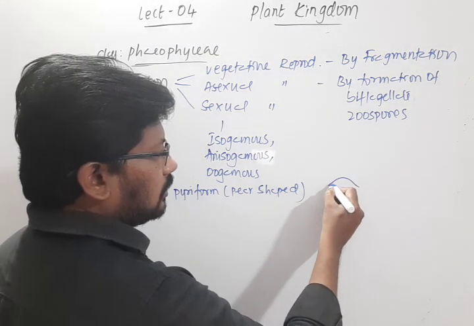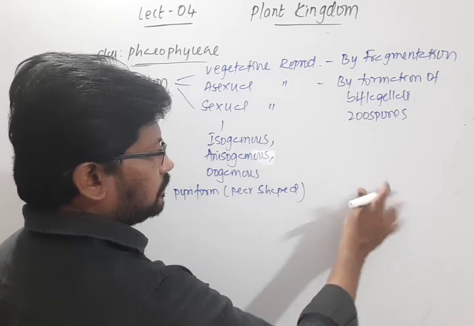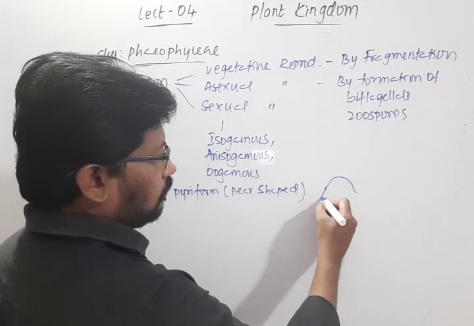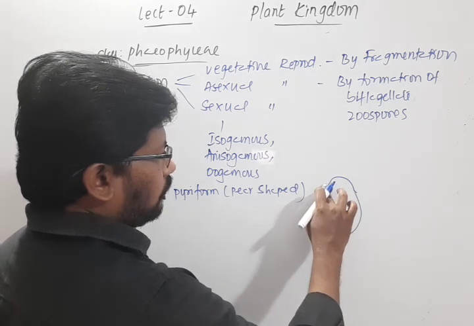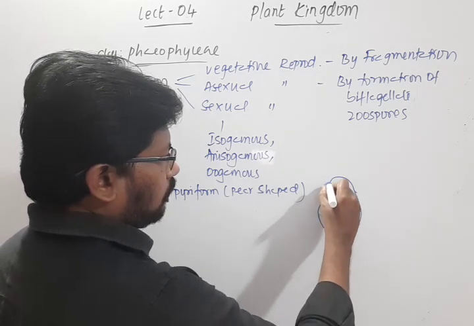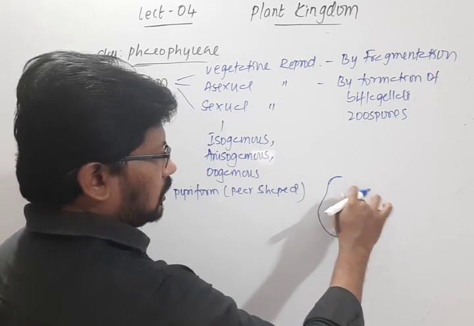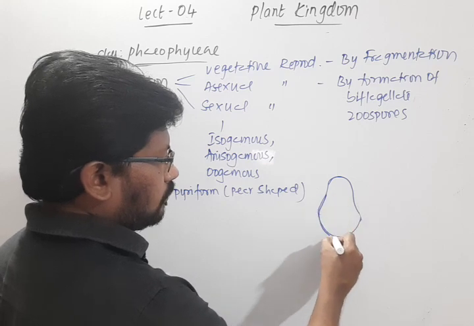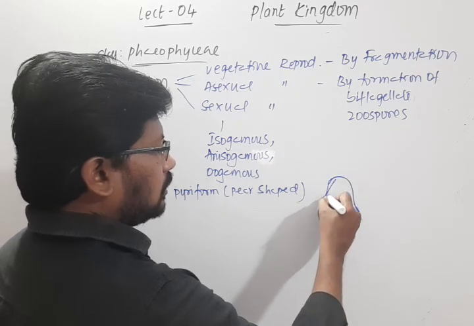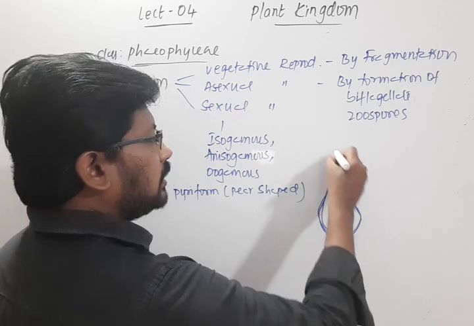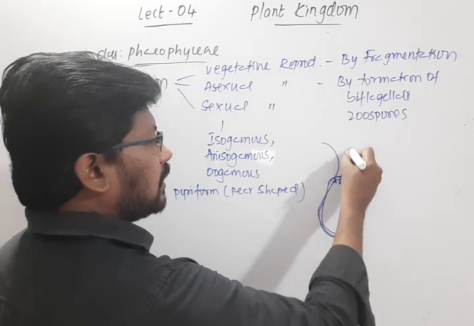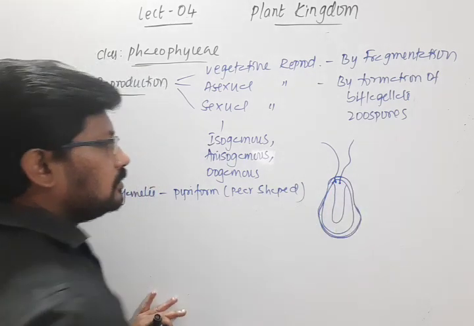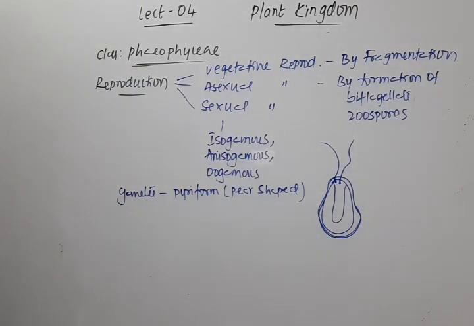So here they are pear shaped, and they are flagellated. This is how we see the gametes' shape. They are pyriform, that is, pear shaped gametes are present.